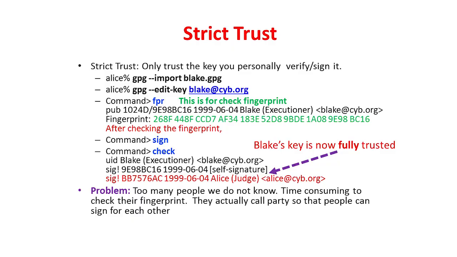Here we show how Alice can import Blake's public key to one's public key ring, which is a set of public keys, using GnuPG. Using the edit-key command, we can examine Blake's key.